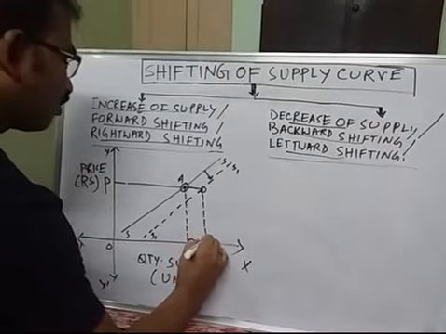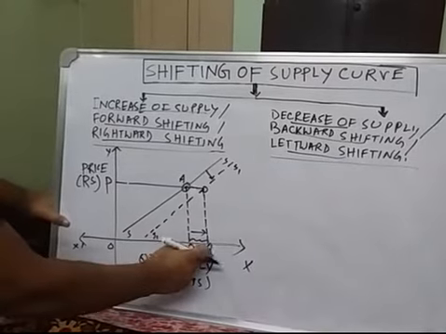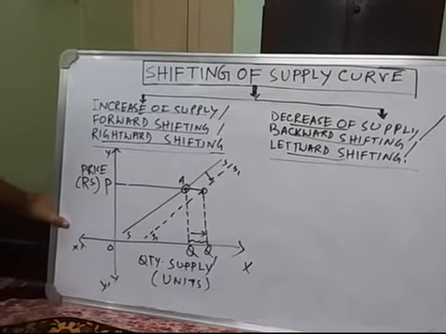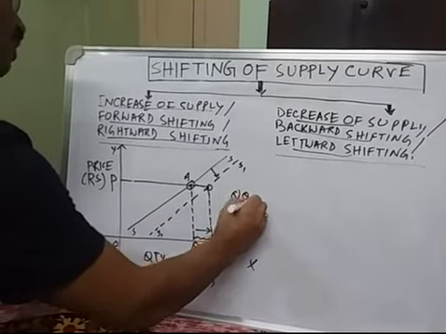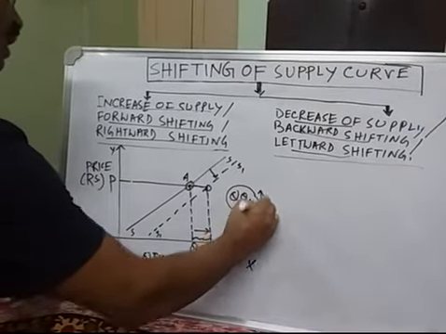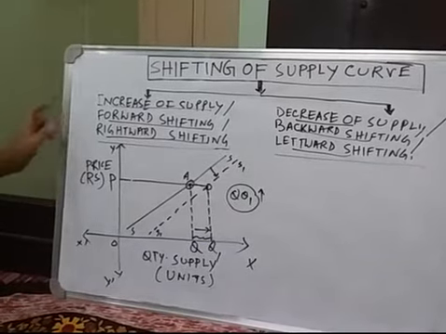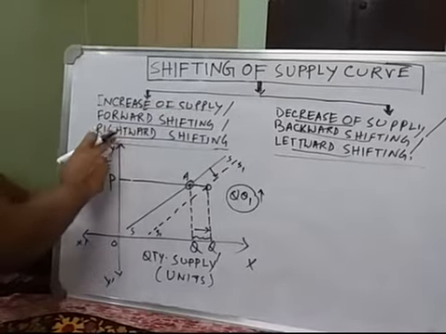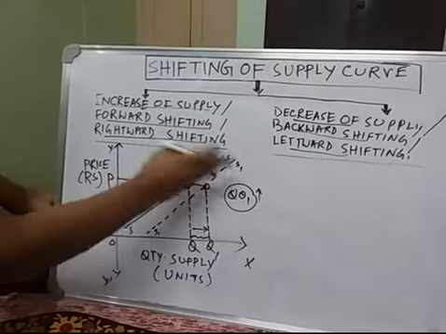And how much has the quantity supplied increased? From OQ to OQ1. That means QQ1 portion of supply increased. And this is the concept of the increase of supply or forward shifting of supply, because the supply curve shifts to the right side.